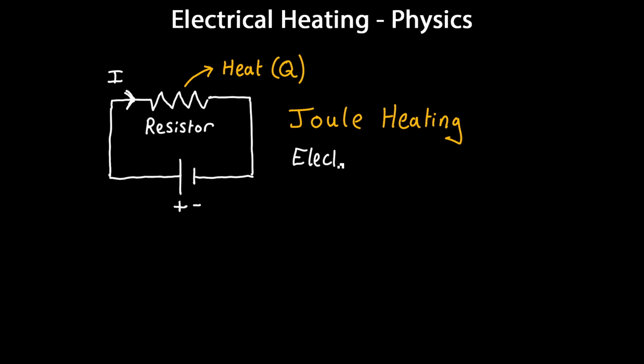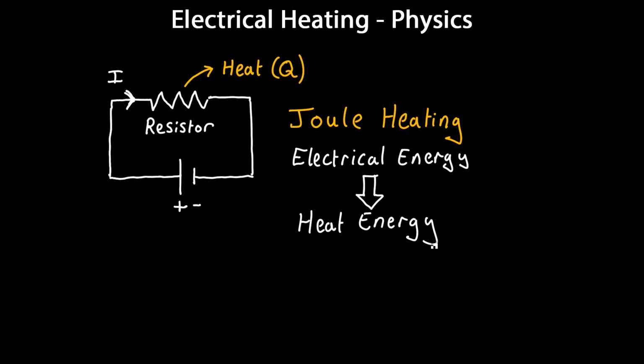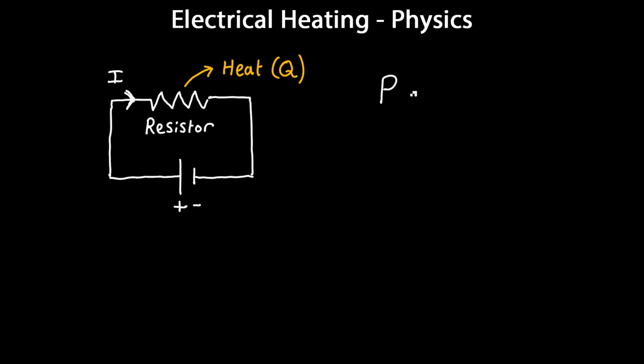Joule heating is the process where electric energy is converted into heat energy when a current passes through a conductor with some resistance. Now, in the last few lessons, we learned two different equations.